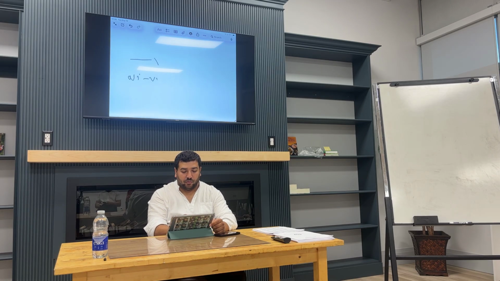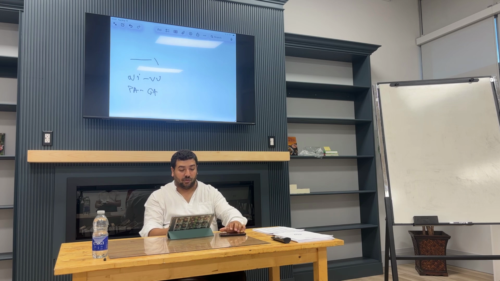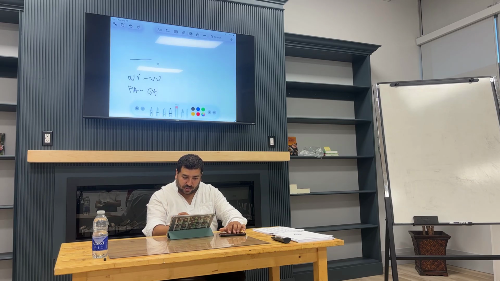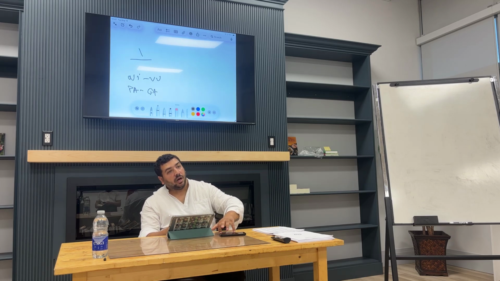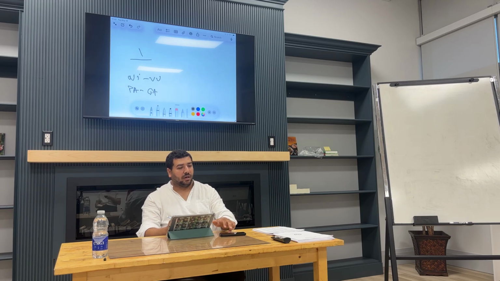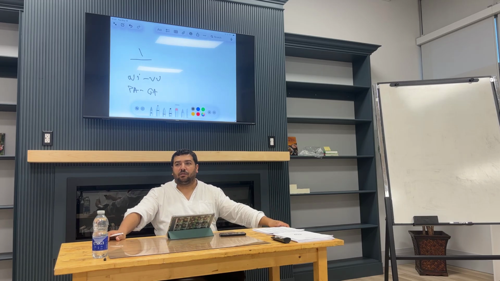Ni, pa, wu, ni, wu, or pa, ga. Take a little piano next to you. I want to practice this sign. How about if I'm writing it like this? Where should it go? Ni, ga, or pa, di, pa, di. That's how I would do it.